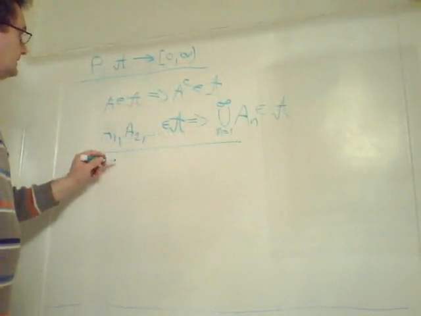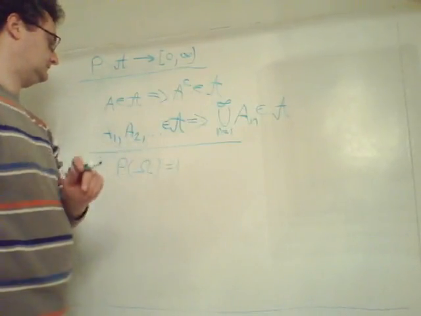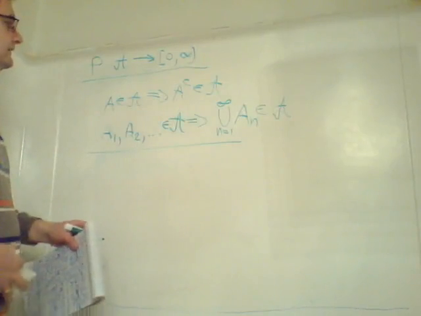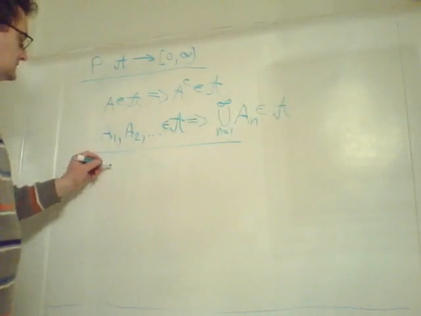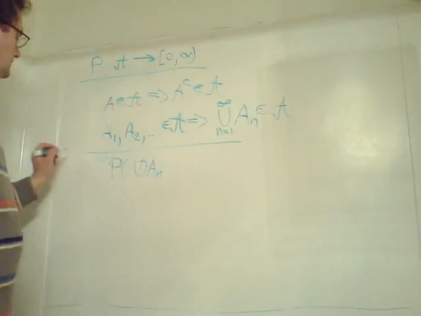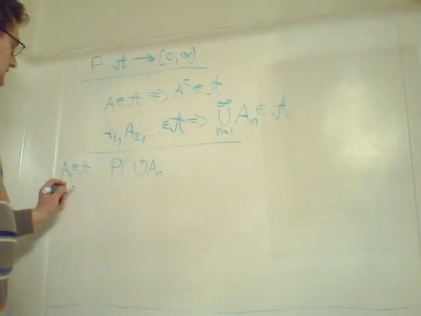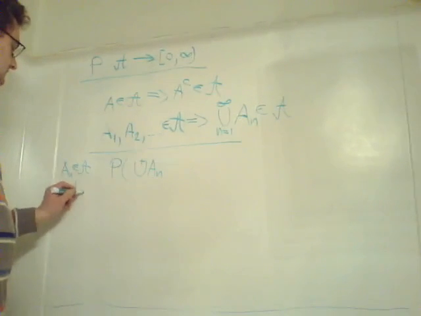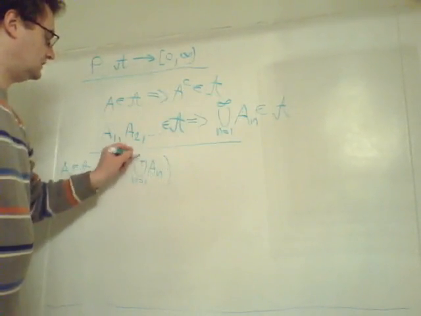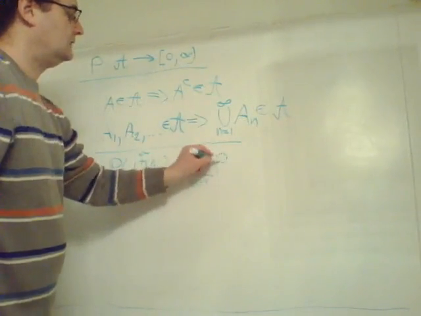Well, all that we want is that probability of this disjoint union of ANs, so if ANs are in A and they are disjoint, then probability of the disjoint union is the series, n goes from 1 to infinity, P of AN.